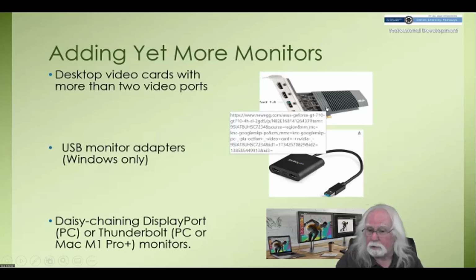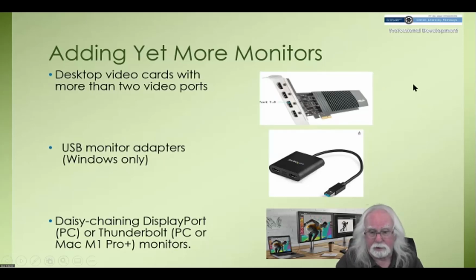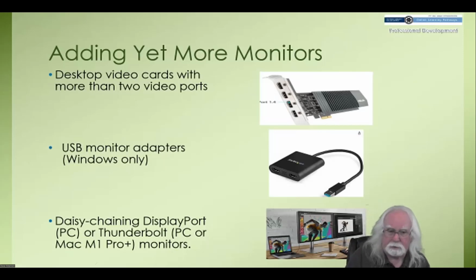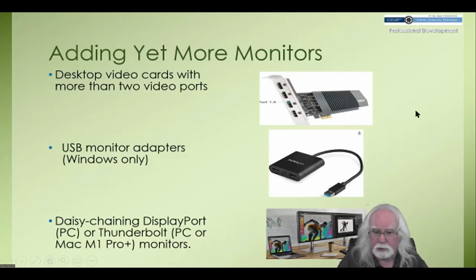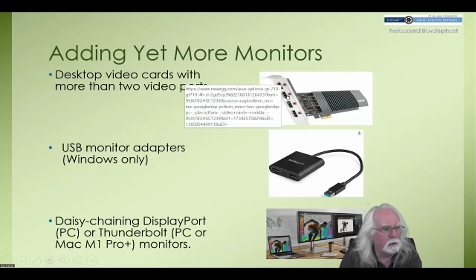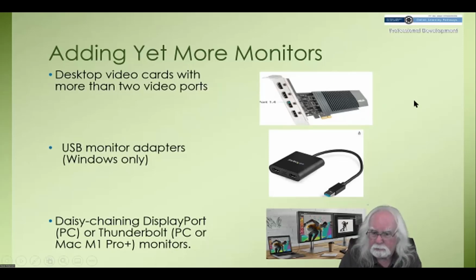And this video card is only about $80-some now. So it's not insane, and it's something you can install on a Windows PC. This one will really only work on a Windows PC. It's something you can plug into an expansion slot inside the Windows PC if it didn't come with it, or you can just buy the computer with it. I bought my computer with a 4 port card on it, so I can have 4 monitors running at the same time.